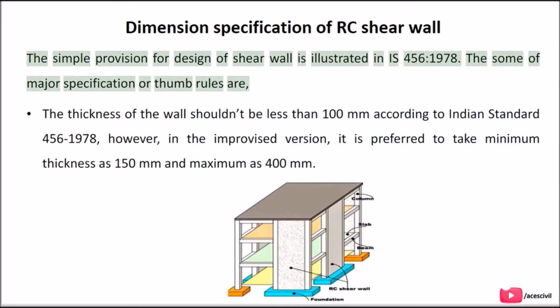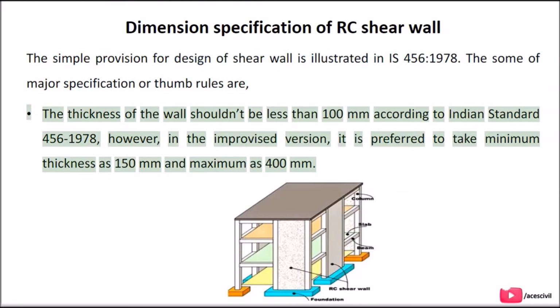The simple provision for design of shear wall as illustrated in IS 456:1978. Some of the major specifications or thumb rules are: the thickness of the wall shouldn't be less than 100 mm according to Indian Standard 456/1978.